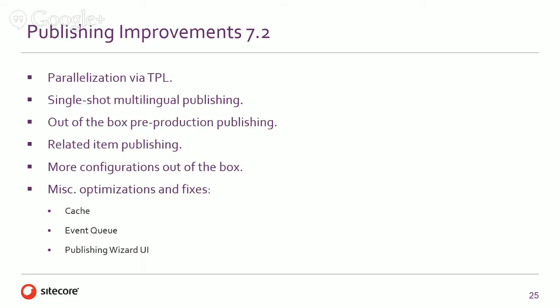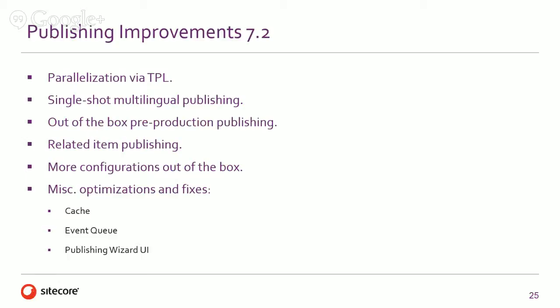The next big feature is targeting multilingual solutions. The approach can be described as single-shot publishing for multilingual content trees. When you have your publishing wizard up, you toggle multiple languages. We have customers with more than 100 languages, so this is very important.